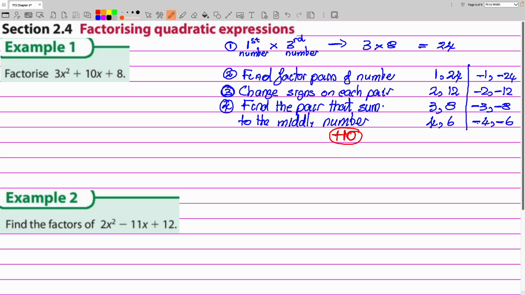Which of those pairs will add up, and there's only one, which pair will add up to 10? 4 and 6. 4 plus 6 is 10. You are not allowed in your exam to highlight. They tell you not to use a red pen. Use it. Highlight the one that works.